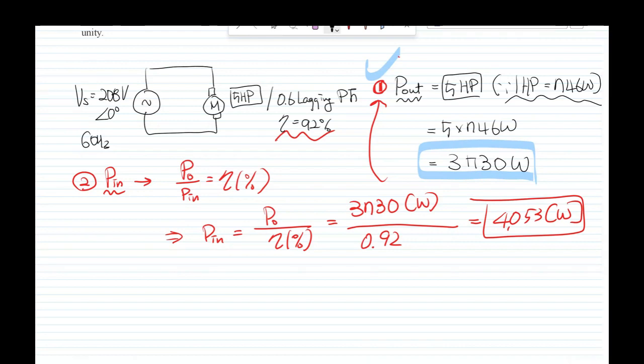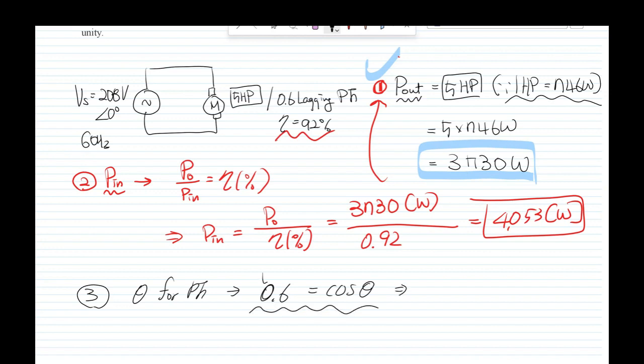Okay, so now, what is theta for the power factor? From the question, the power factor is 0.6, that is cosine theta, right?